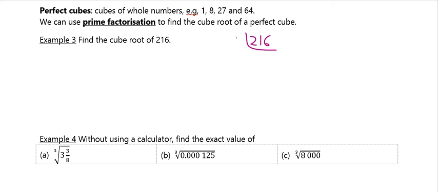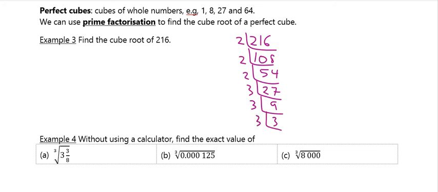So 2, okay, 108, and then another 2 will be 54, and then divided by another 2 will be 27. Now start with 3, so 27 by 3 is 9, and 9 divided by 3 is 3, and 3 divided by 3 is 1.